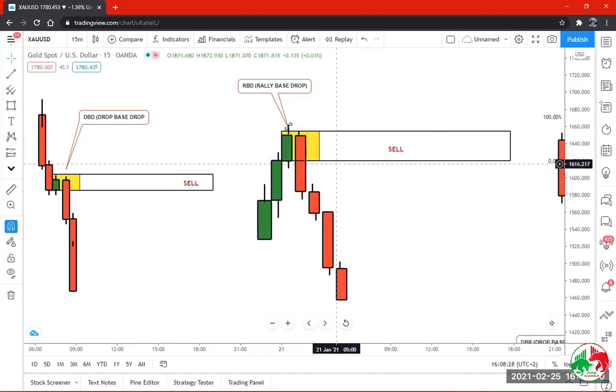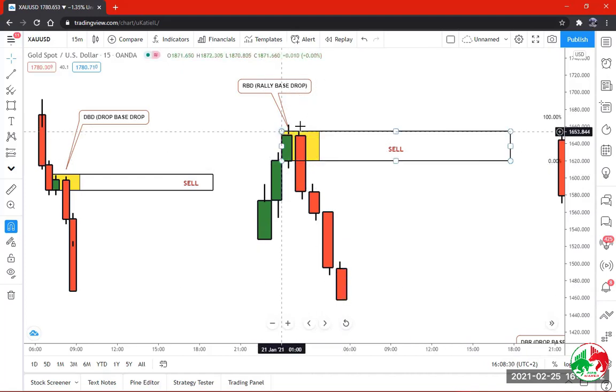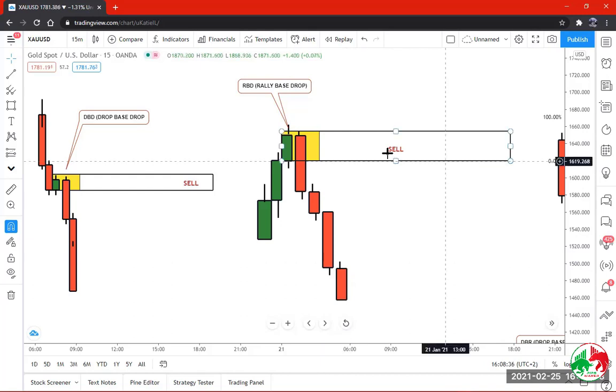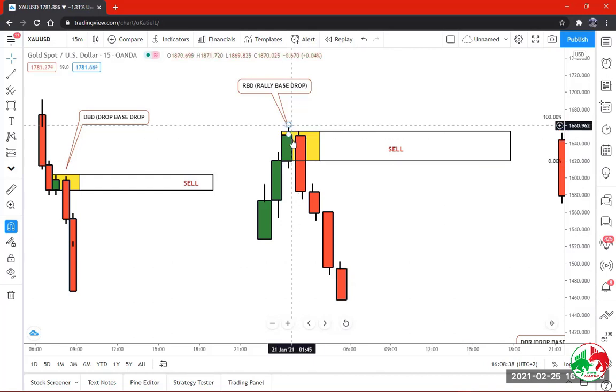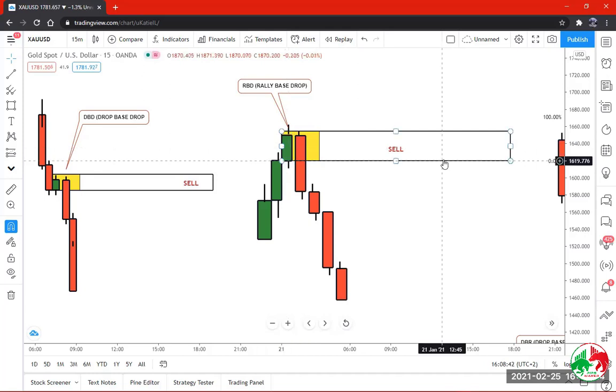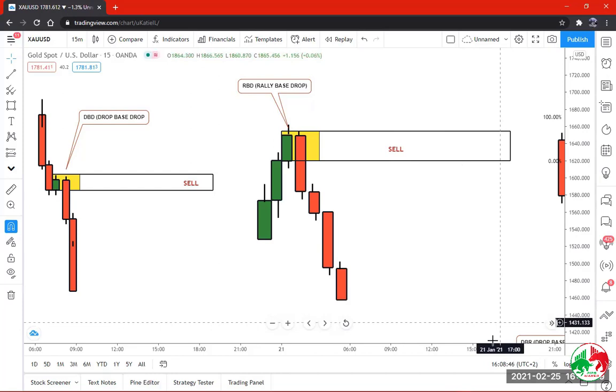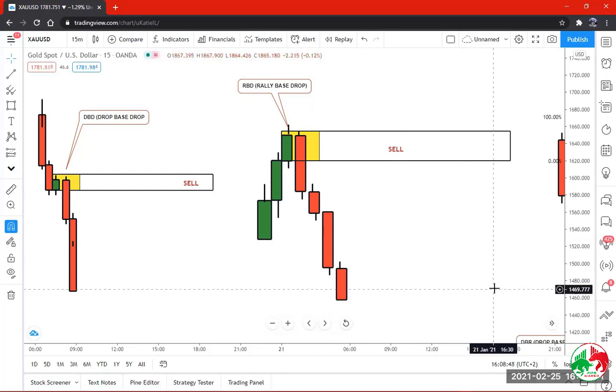This is a reversal, right? So you will look for price to come back and revisit or test this level before reversing. Buyers will be trapped here.